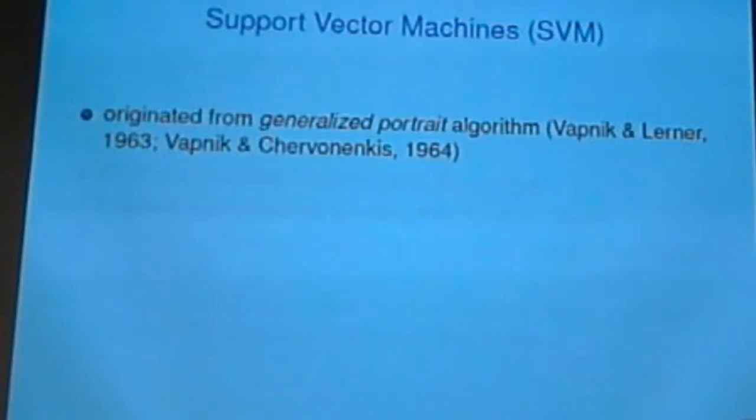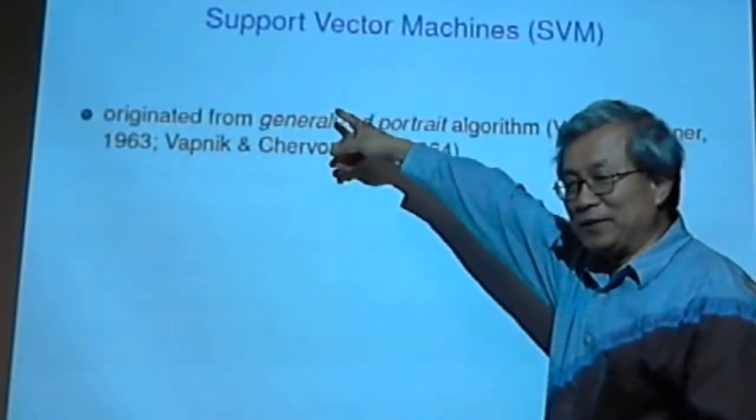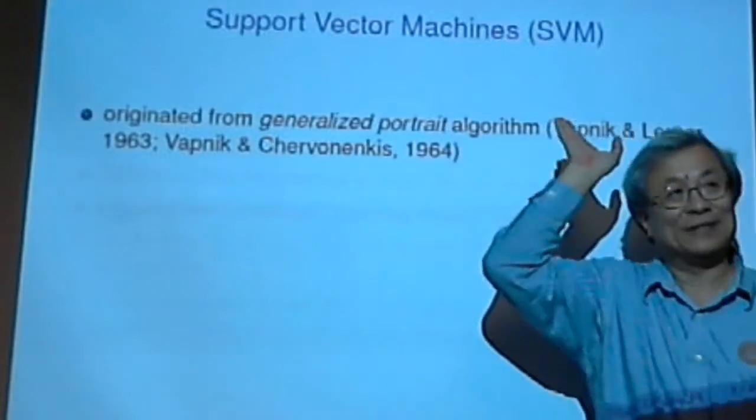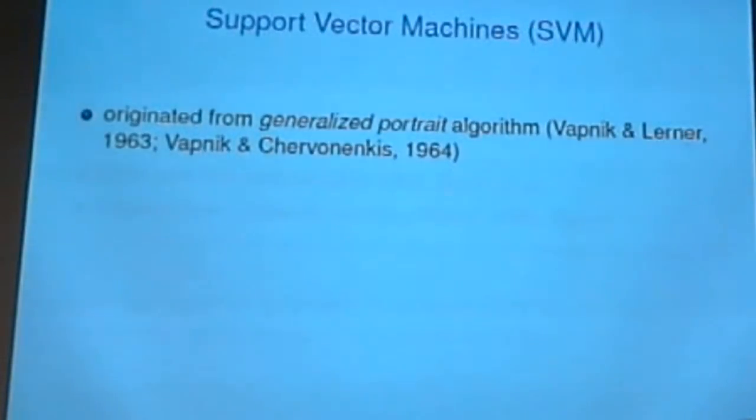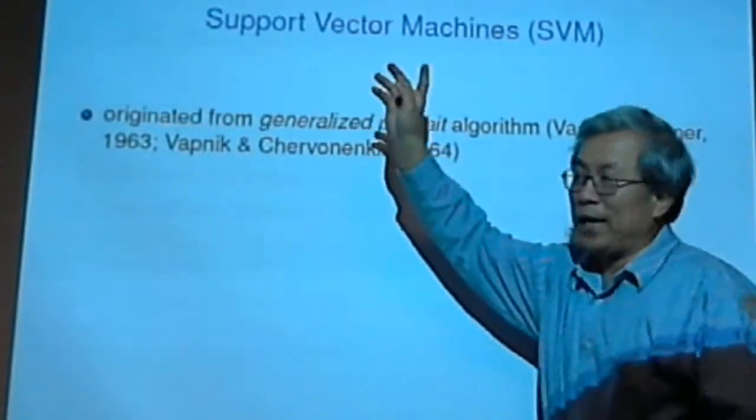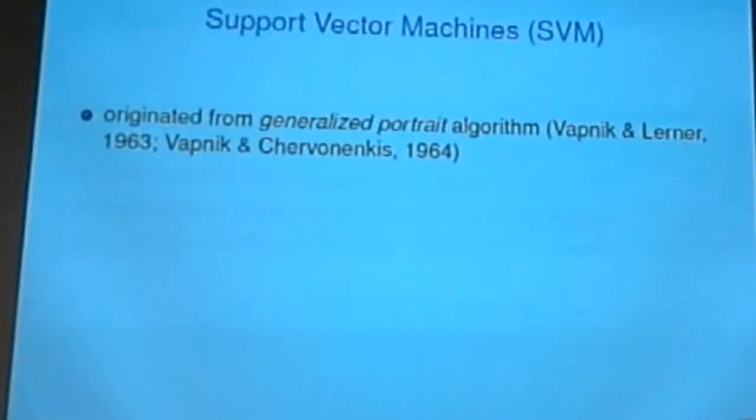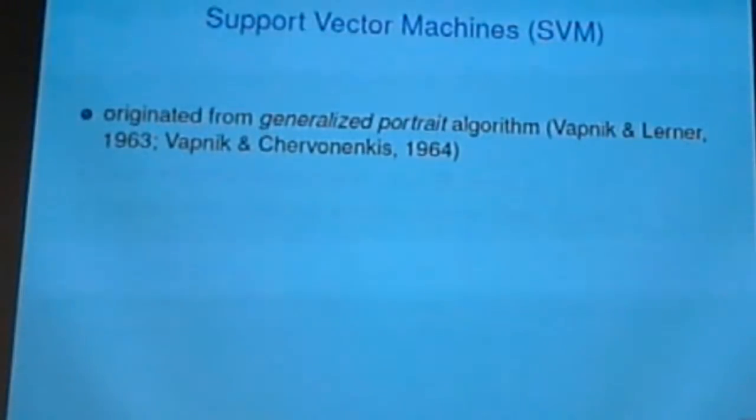Support vector machine is a generalization of the generalized portrait algorithm, in the sense that the generalized portrait algorithm deals with a linear model. I'm not saying linear model in the sense of statistical modeling. And support vector machine is a generalization of that algorithm to a nonlinear case. So basically, that's what it means.